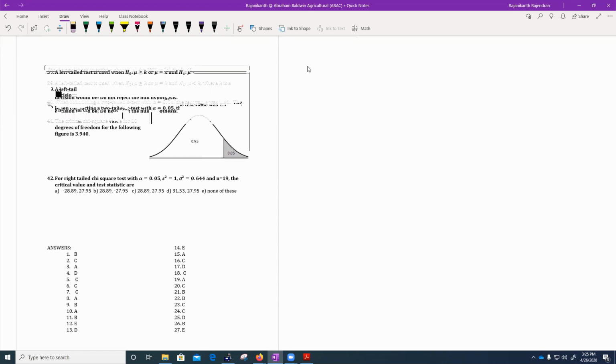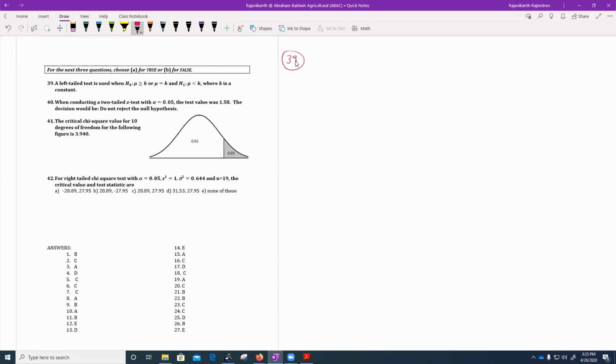Problem number 39. A left tail test is used when... okay, these problems are all true or false, the first three problems here. For the next three questions, choose A for true or B for false.